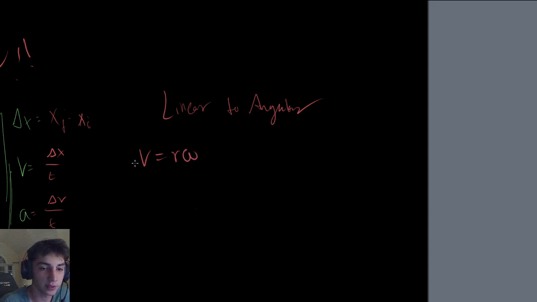And then the same is true for acceleration. To solve for our tangential acceleration, we need the radius times the angular acceleration. So as the linear velocity and acceleration increase, since the radius is fixed upon that axis point, that means that our angular velocity and angular acceleration will also increase.